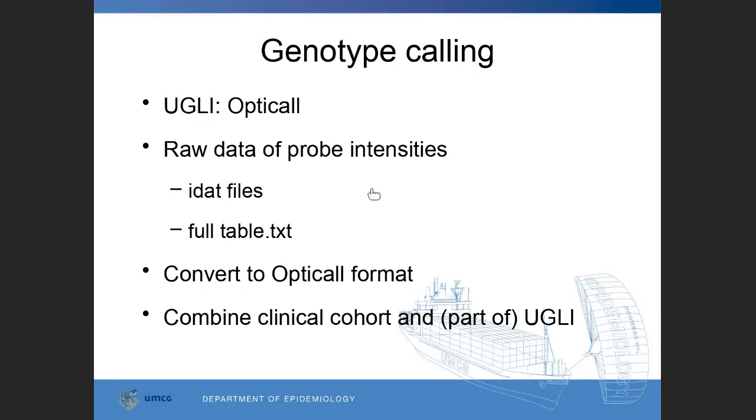For each of the alleles, there is a probe, and on this probe there is a fluorescent label. What is measured is how much you see of the blue fluorescence, let's say for the A allele, and how much you see of the red fluorescence, let's say for the C allele.